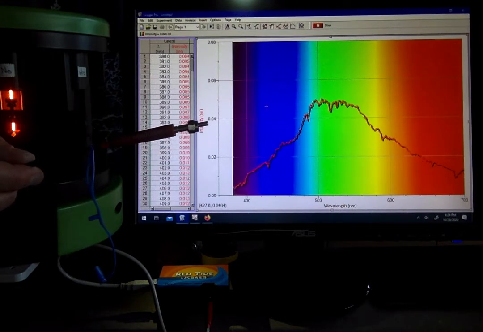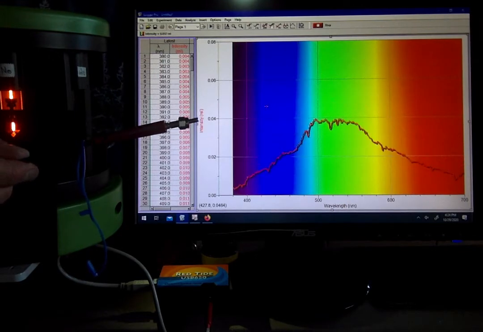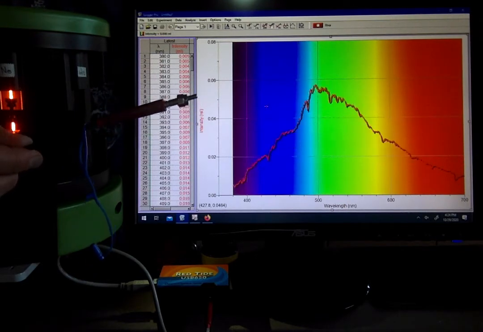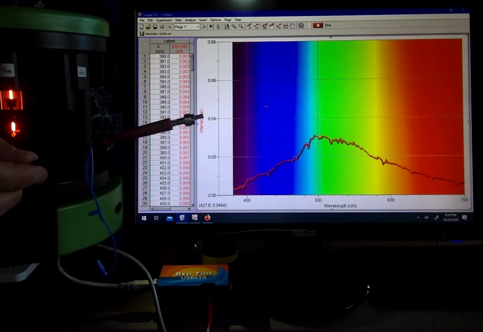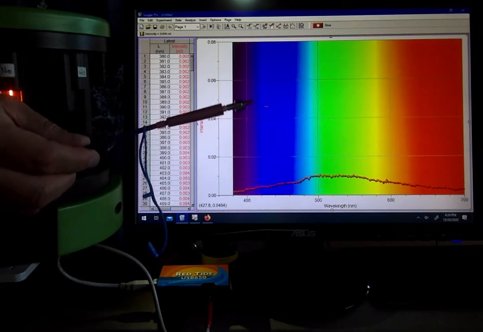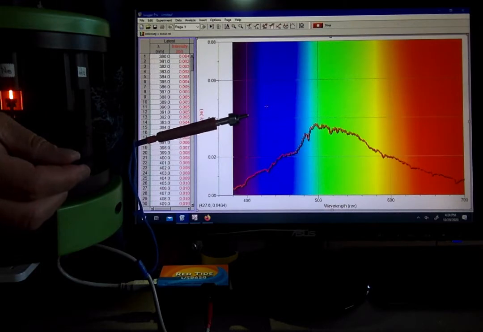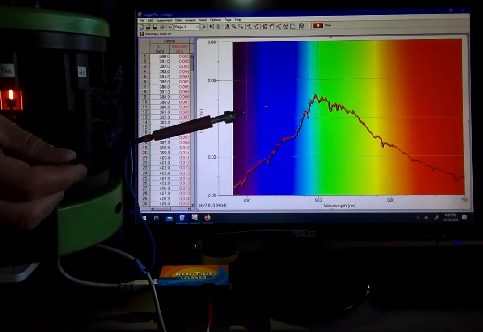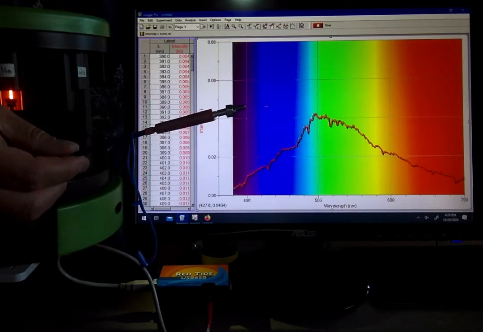So in this room right now I have the lights turned off, and I'm pointing the fiber cable outside the window. So you can see that depending on how I move the fiber optic cable, I can get a bigger spectrum or I can get a smaller spectrum. Now, the spectrum there that we see is light that is being emitted, so to speak, light that's coming into the fiber optic cable from outside.